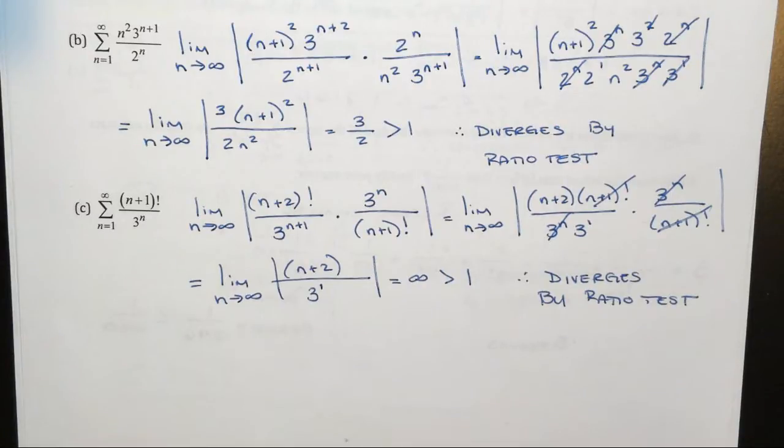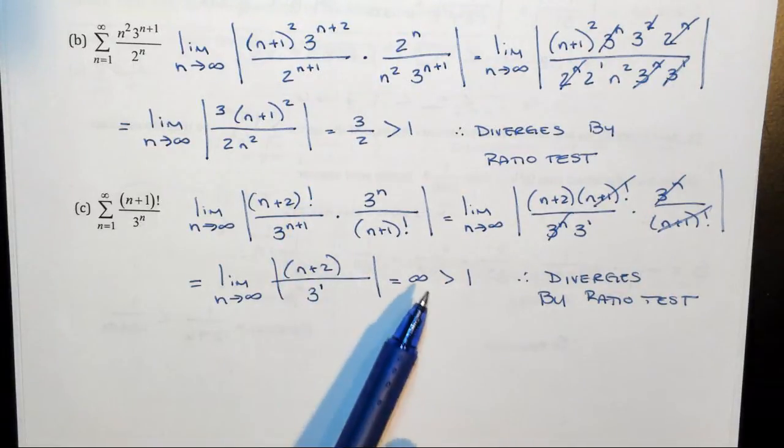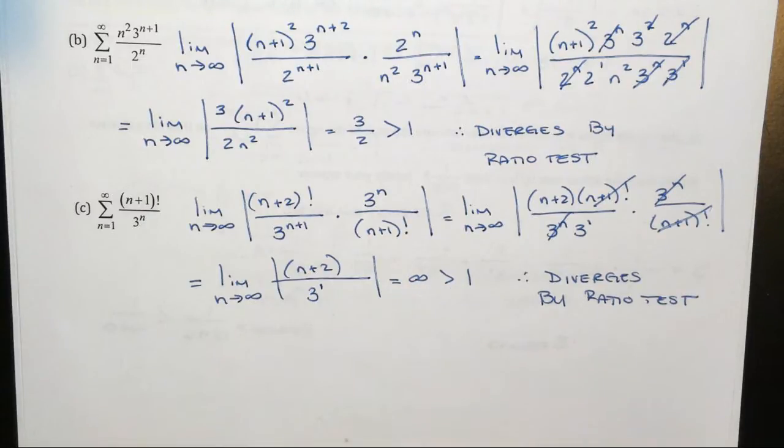So I did the other two problems, and both of them diverged by the ratio test because they both had limits greater than 1. This limit actually went to infinity, which is definitely greater than 1, so it diverges by the ratio test.